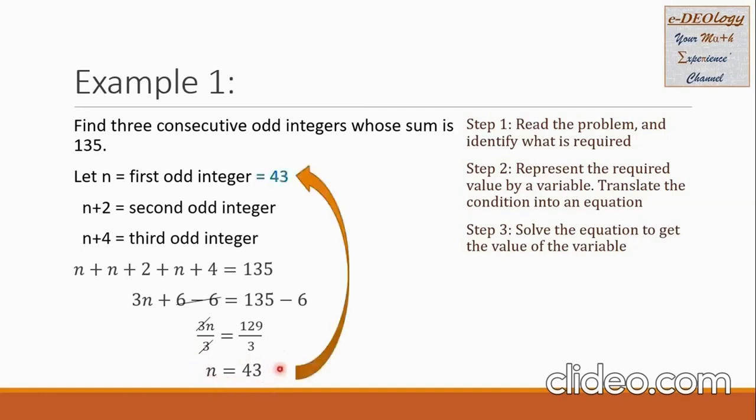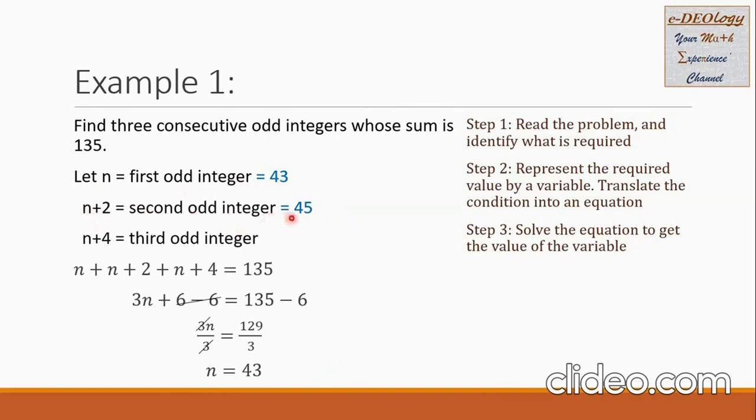Take note, this n is our first odd integer as we represent in the beginning. So I put the 43 for the first odd integer. To compute the second odd integer, we'll now have this 43 to be substituted here and then plus 2.